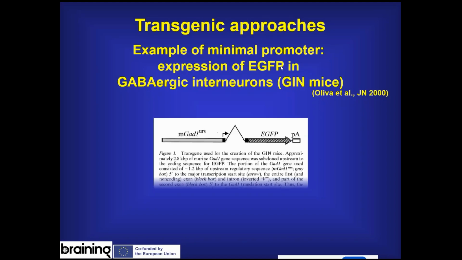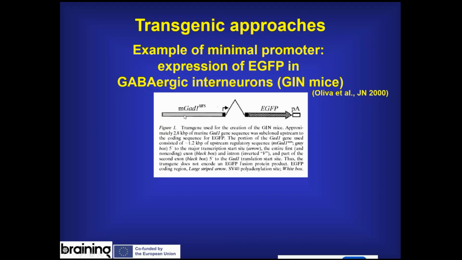They made a construct with a small sequence of the mouse GAD1 gene, the promoter. They cloned by PCR a small piece of the GAD gene, and behind it they put GFP: promoter, the gene to be expressed, the polyadenylation signal.